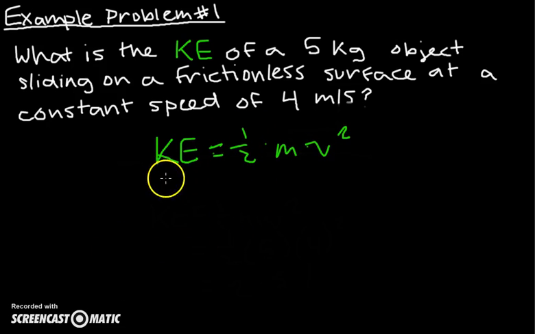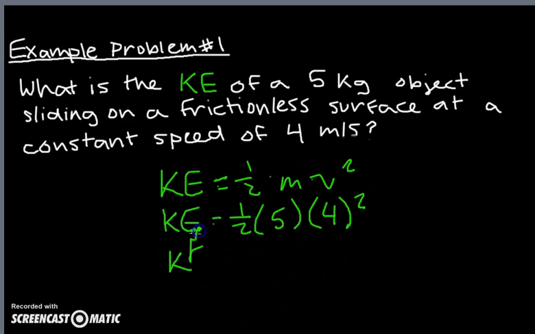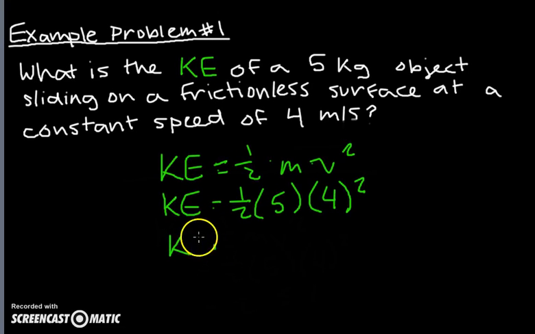We know that our mass is equal to 5 kilograms and our velocity is equal to 4 meters per second. Once we simplify this equation, we get that kinetic energy is equal to 2.5 times 16 joules.